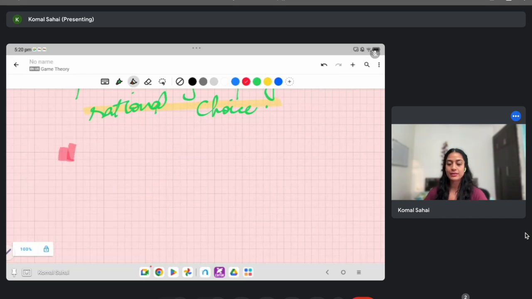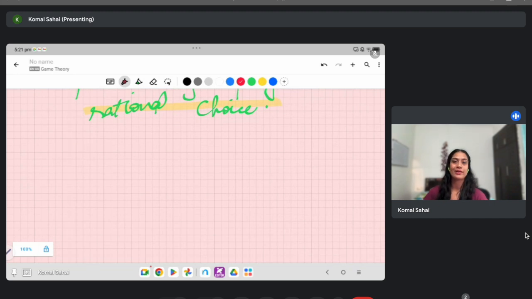Why do we say it's a Nash equilibrium? Because as most of you should know by now, John Nash was a mathematician and he was also given the Nobel for game theory. Your book has a page of stories. If you've not seen the movie A Beautiful Mind, you should definitely see it.